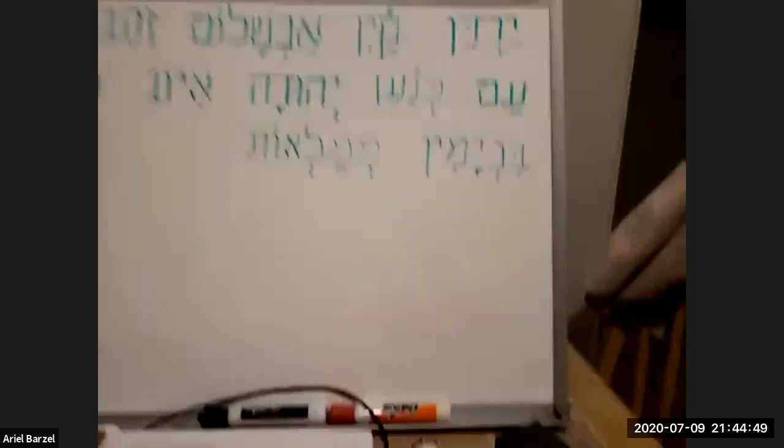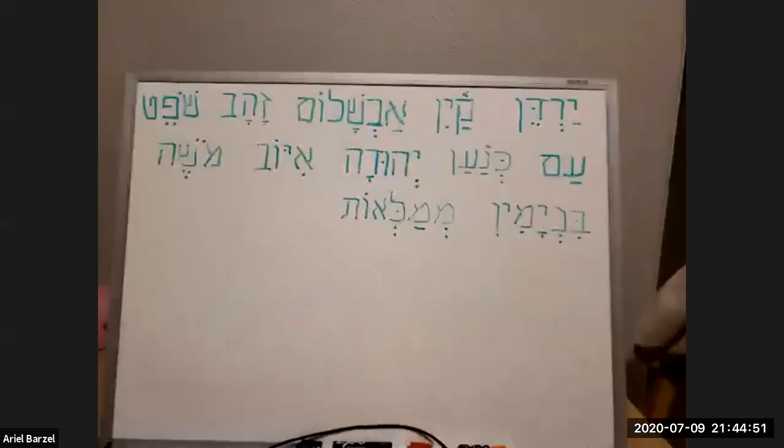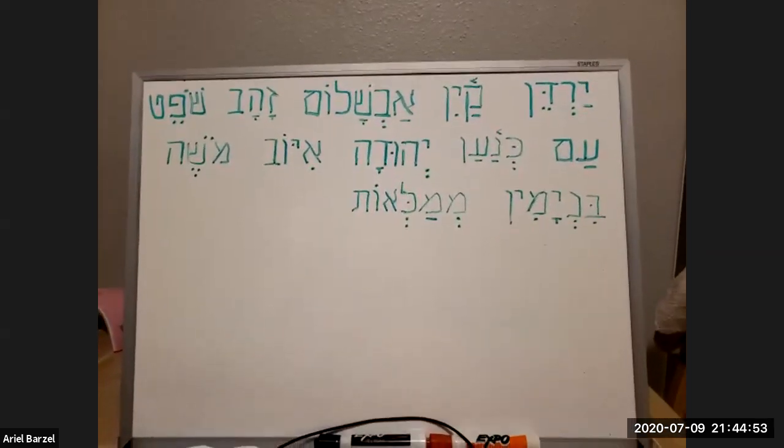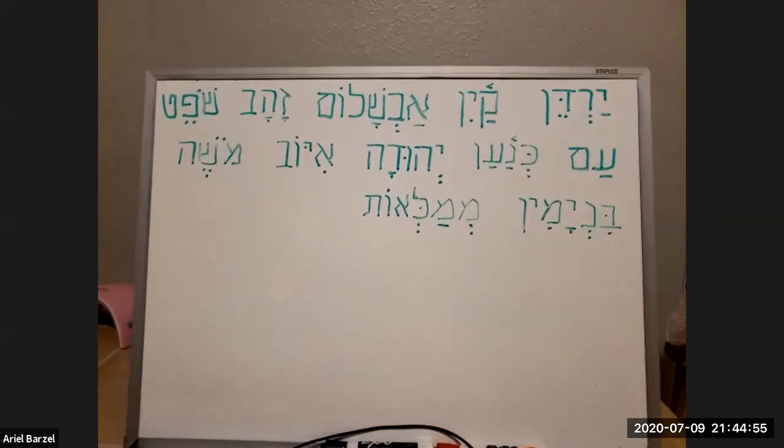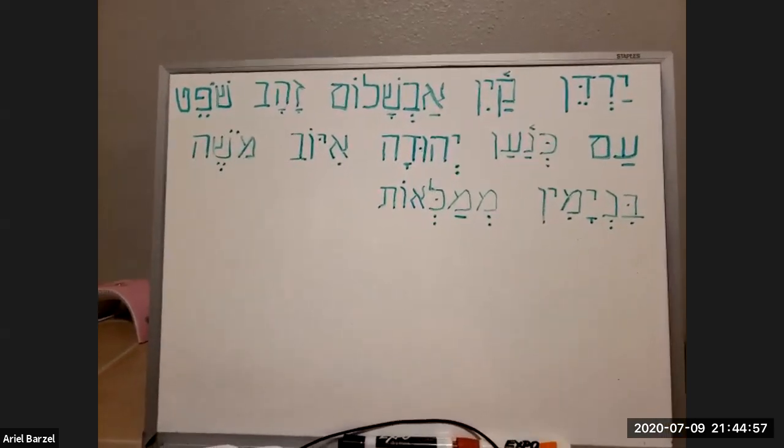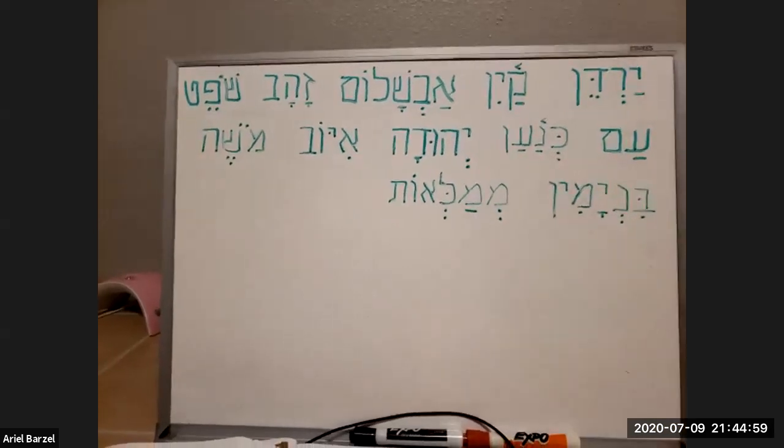Well, normally in English, a PH makes an F sound, right? The best example we got is what Ariel brings out with Bob.